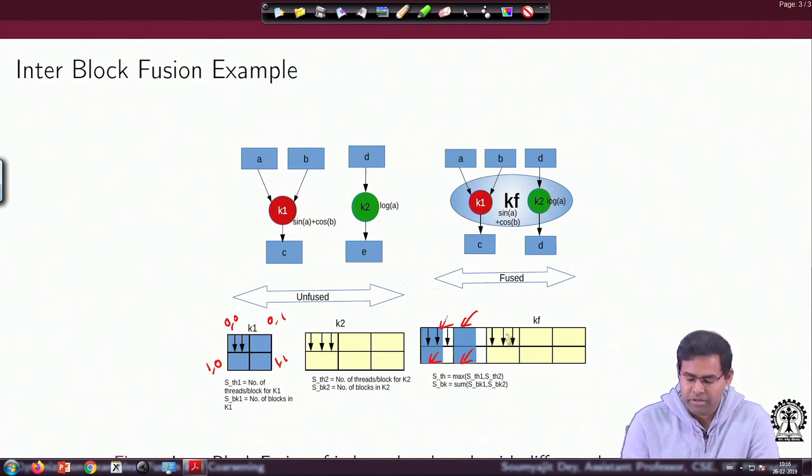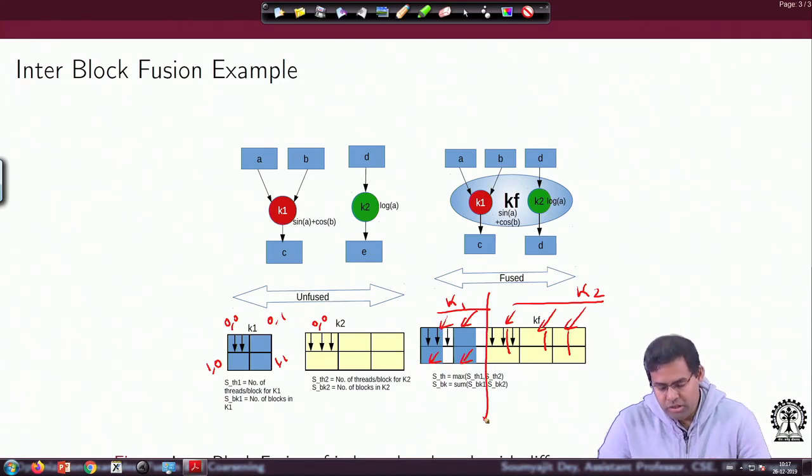For the other block IDs, I will have K2 working. So, if the block ID is immediately greater than K1's block IDs, it should be this block of K2, and so on and so forth. These are essentially K2's blocks, and these are essentially K1's blocks, right.